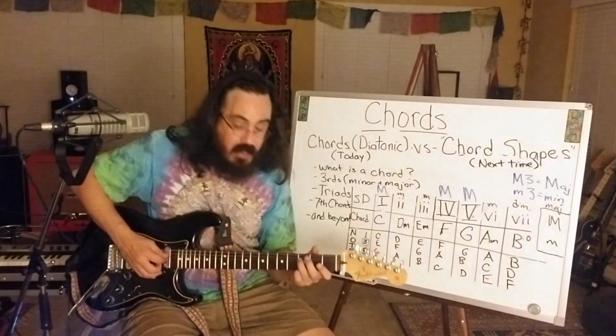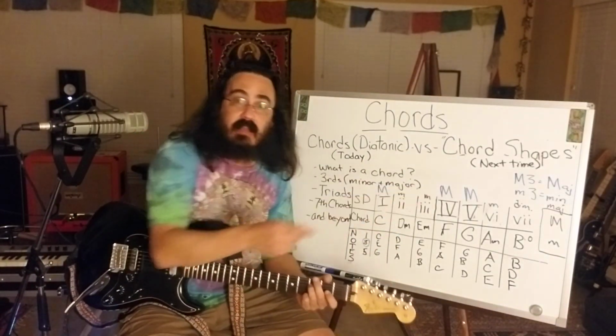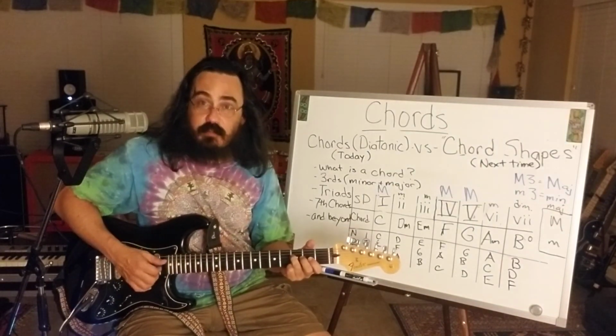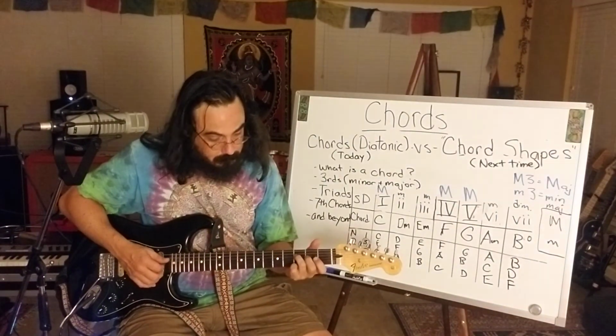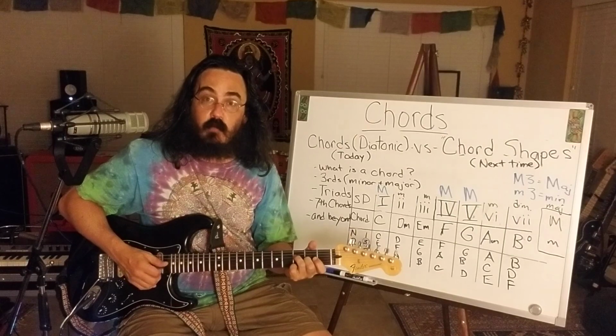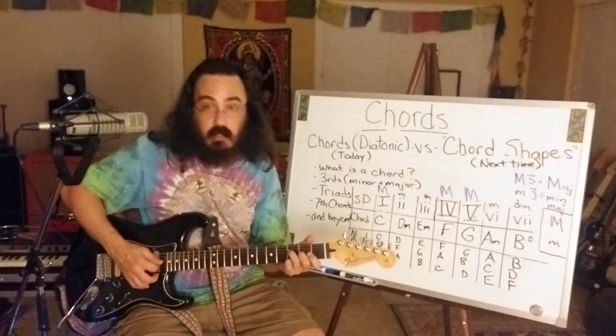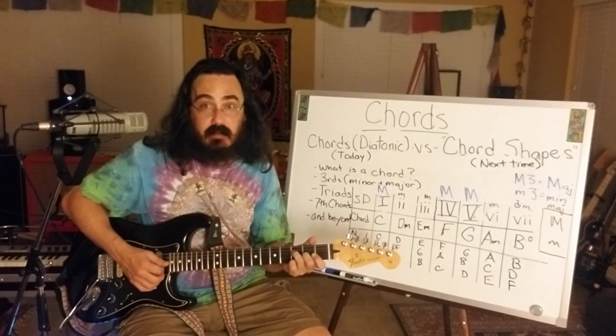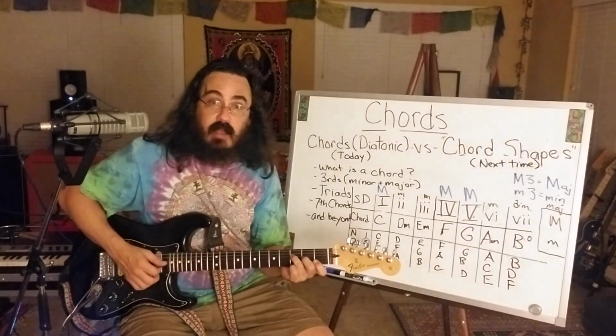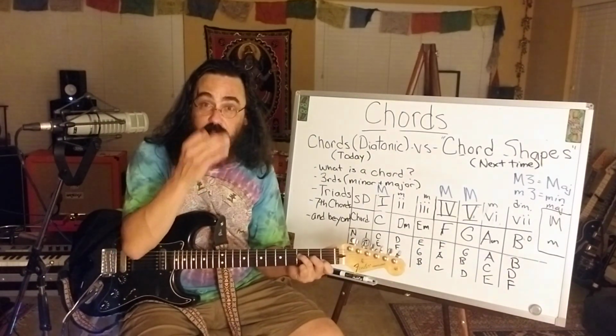So I know from the F, my next note is going to be a major third away, right? What note is that? Well, it should be the letter A. And guess what? That's A. Now I know I go a minor third. Now this is where things get a little tricky.